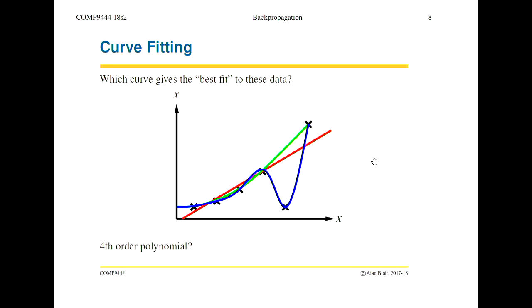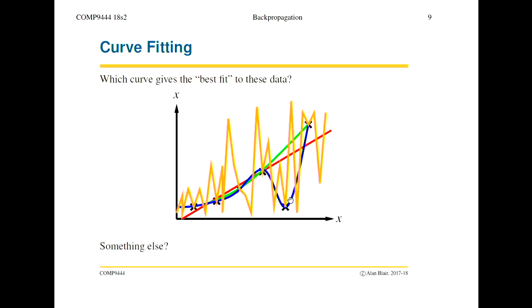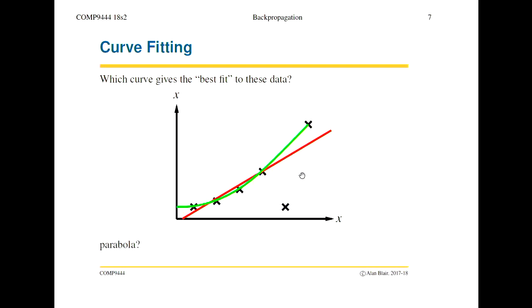Whether you choose this or this really depends on how confident you are in the data. So this point could be what we call an outlier, right? You notice how the parabola fits everything else nicely, and then this is kind of wonky. So that would lead us to suspect that maybe something really went wrong with this point.